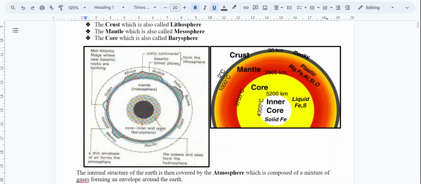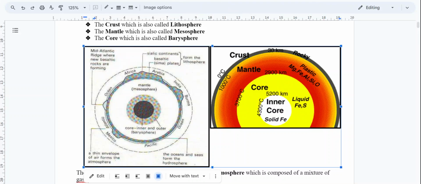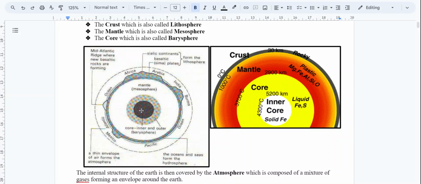Here is another diagram which depicts the parts of the internal structure of the Earth. The black part is the inner core, and this other part is the outer core. This is the mesosphere, the mantle.